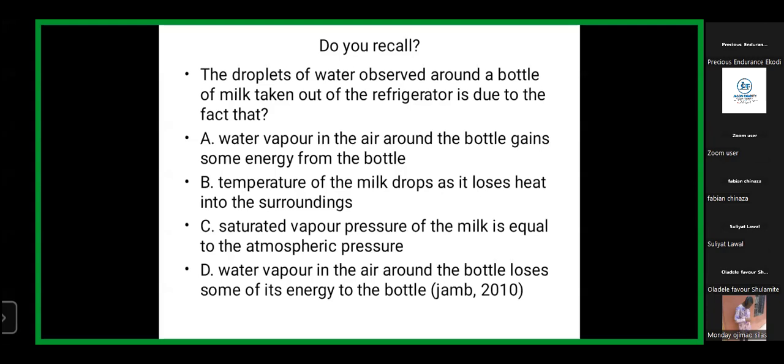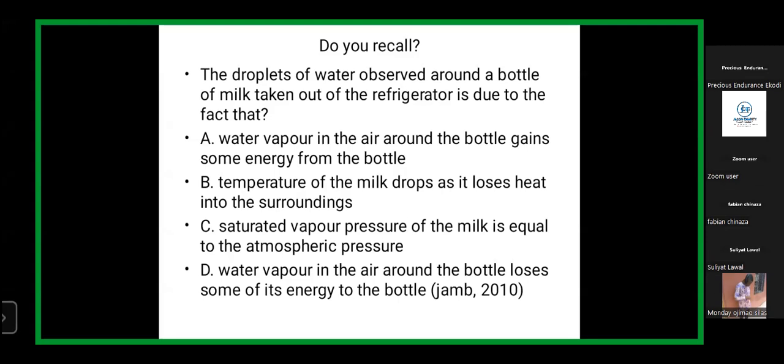The first question here is: the droplets of water observed around a bottle of milk taken out of the refrigerator is due to the fact that A, water vapor in the air around the bottle gains energy from the bottle.